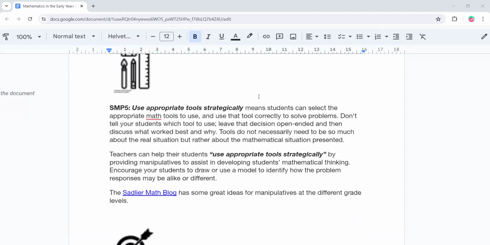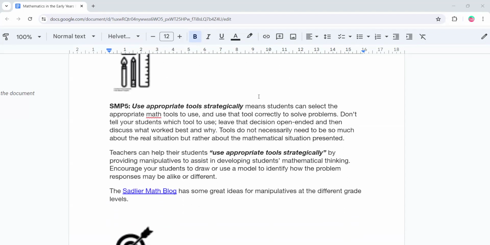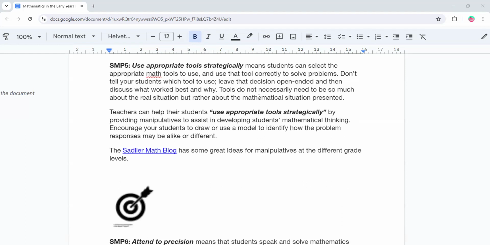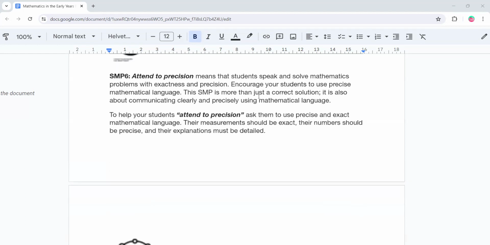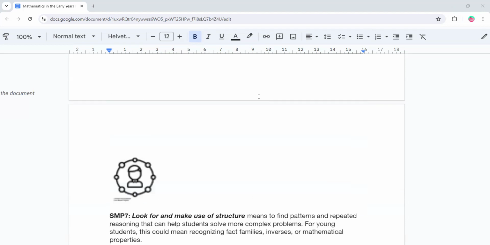The fifth standard is use appropriate tools strategically, which means students can select the appropriate math tools to use and use that tool correctly to solve problems. I think you got the meaning of using appropriate tools strategically. The sixth standard is attend to precision, which means that students speak and solve mathematical problems with exactness and precision.